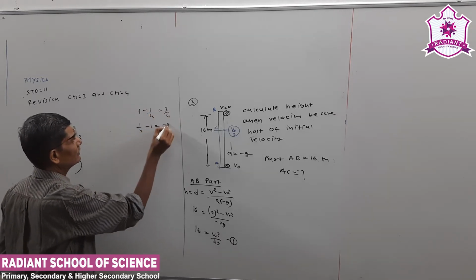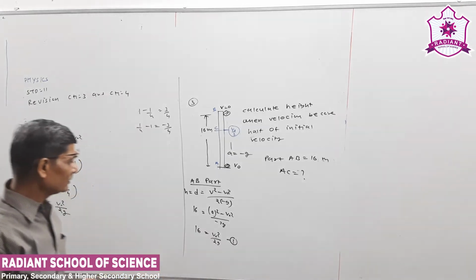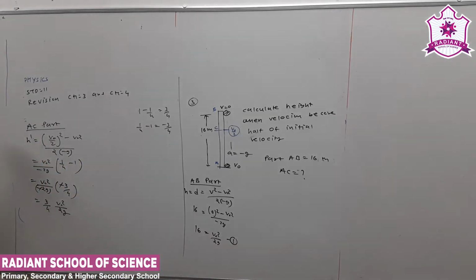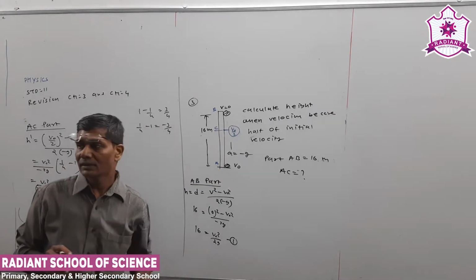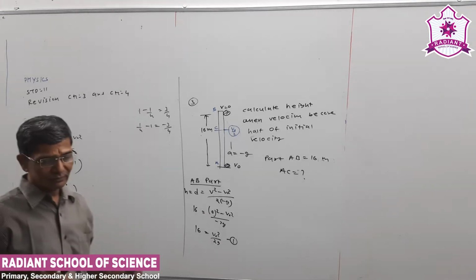So it is 3 by 4 of v0 square upon 2g. Now what you can see in the equation we obtained, v0 square upon 2g is 16 meter. So this is how we obtain it: when the velocity becomes half of the initial velocity, the height covered will be 12.